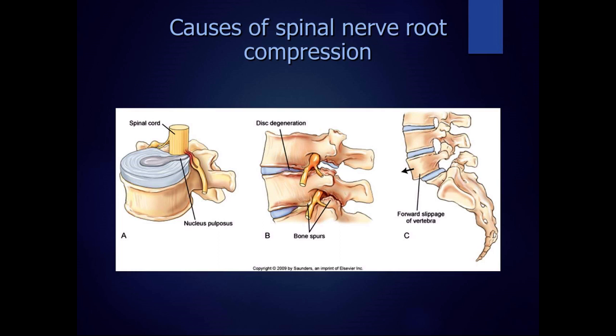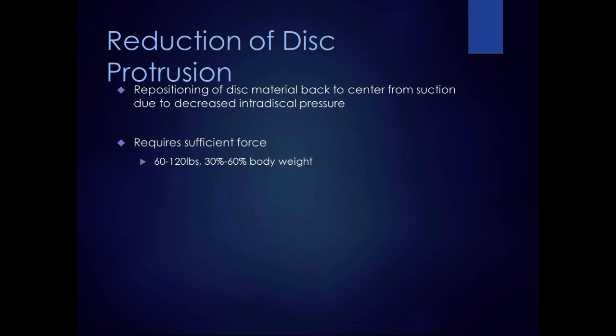Spinal nerve root compression can be caused by a disc protrusion, disc degeneration. It can be caused by spondylolisthesis, or the forward slippage of the vertebra. We'll talk a lot more about this next summer in your therapeutic exercise and orthopedics class. But there are a lot of causes of spinal nerve root compression.